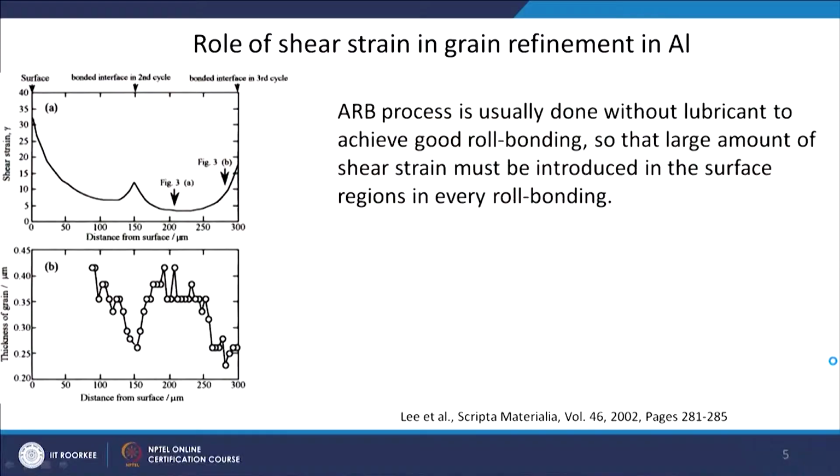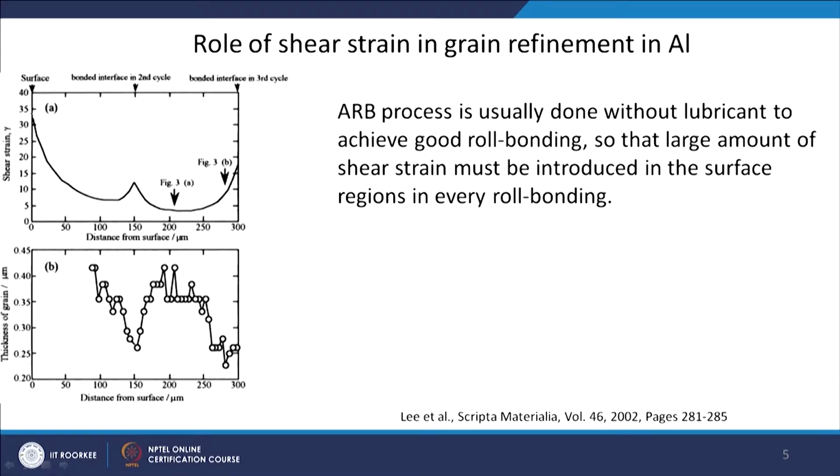So, at that interface also large shear strain is acting, as well as on the surface of the sheets which is coming in contact with the roll. And this shear strain actually achieves the reduction in the grain size. So, there is a strong relationship with the shear strain.